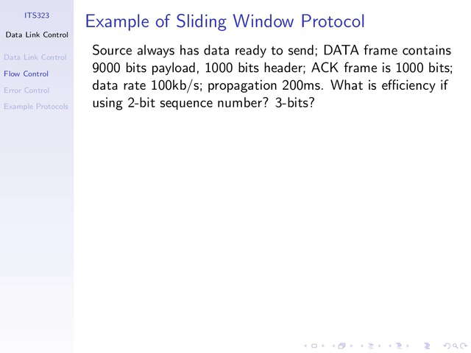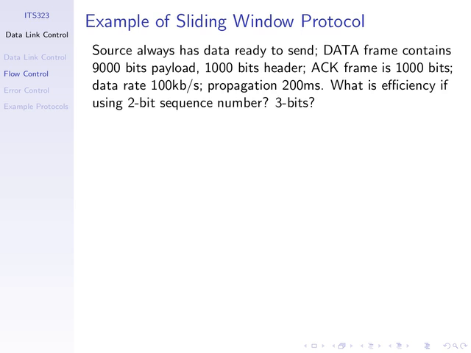The transmission time with a data rate of 100 kilobits per second, and you have the answer in front of you, is 100 milliseconds. 10,000 bits divided by 100 kilobits per second gives us 100 milliseconds. The ACK is just 1,000 bits, so the ACK transmission time is 10 milliseconds.